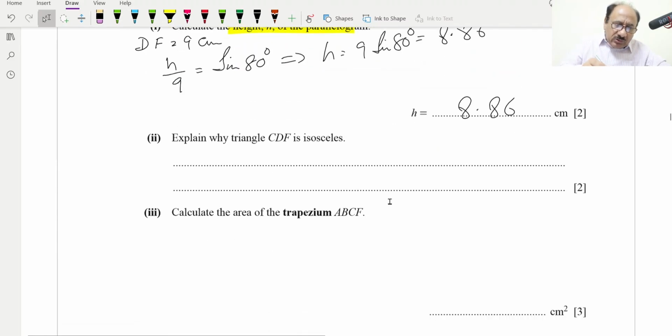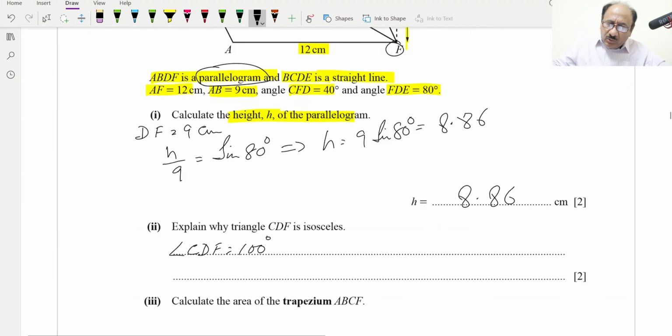So we can give the same reason. Angle CDF is equal to 100 degrees, which we have written over here.